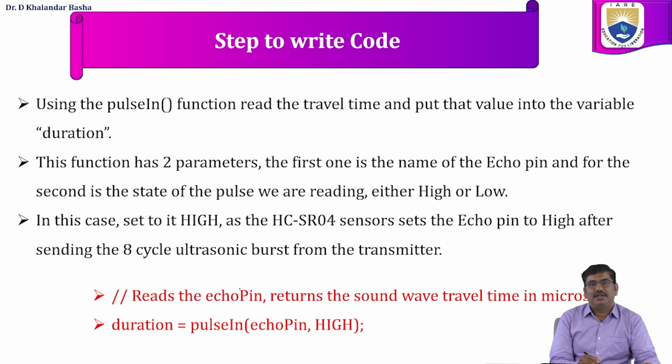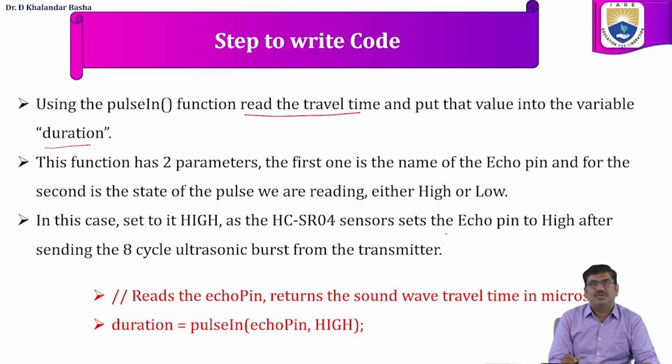So once the ultrasonic sensor generates the sound wave, the receiver will wait for the received echo signal through the echo pin. So we use pulseIn, which is used for reading the travel time and putting the value into the variable we are declaring as duration.